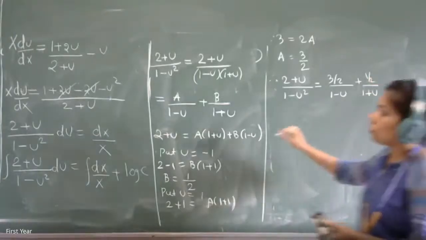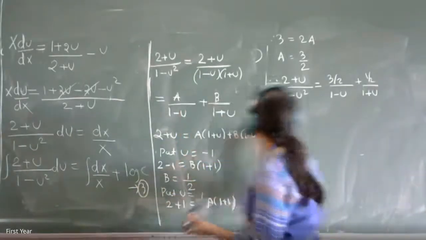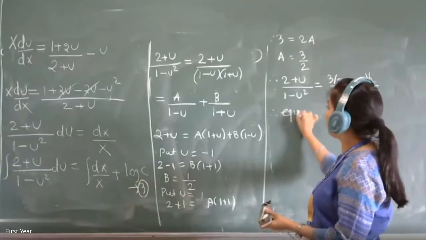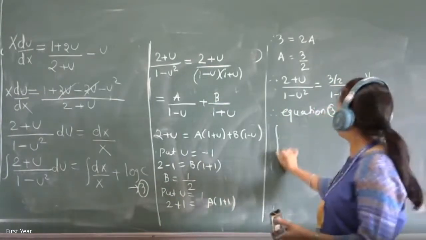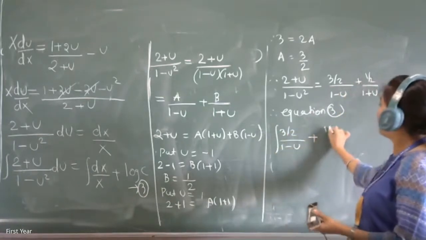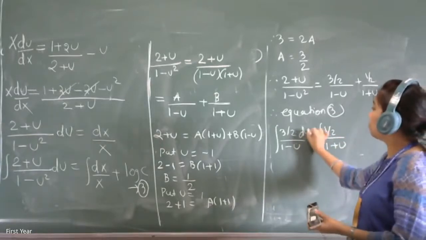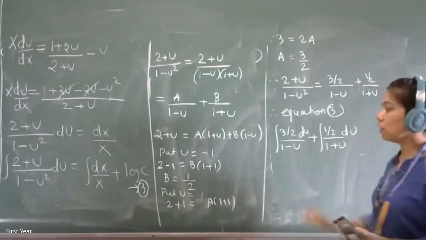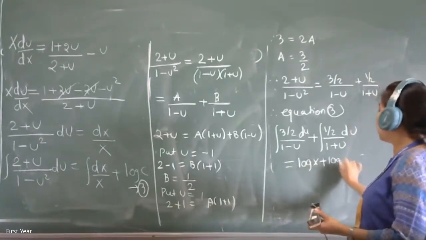And therefore, now your equation, this I call as equation 3, is integration of 3 by 2 upon 1 minus u plus integration of 1 by 2 upon 1 plus u du is equal to log of x plus log of c.